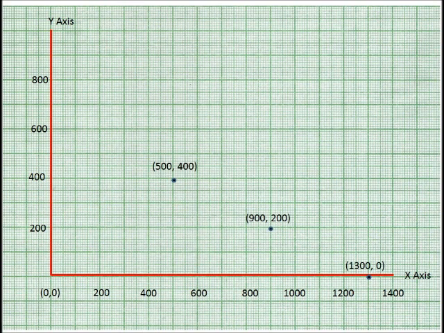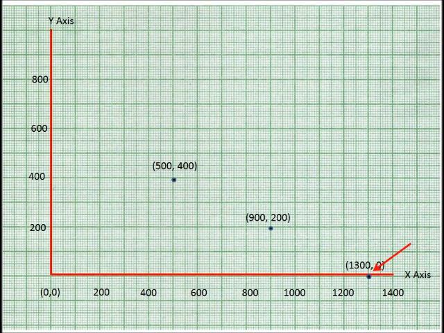Now plot the 3 points of the solutions. First is 1300, 0, second is 900, 200, third is 500, 400. The point shown in the figure by a red arrow is the first point, that is 1300 on the x-axis and 0 on the y-axis.